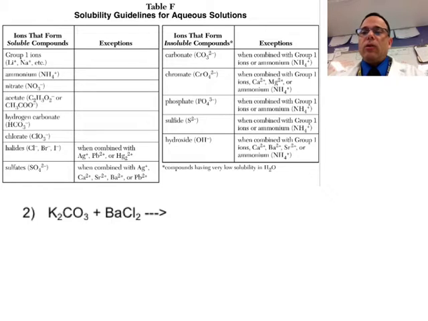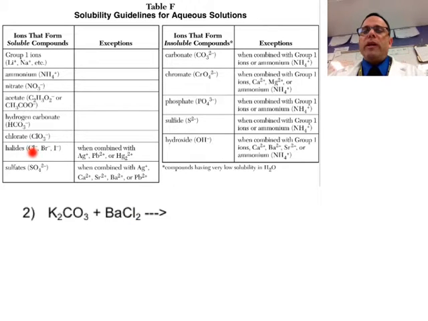All right, let's take a look at this one now. We have potassium carbonate, that's carbonate, so potassium carbonate combining with barium chloride. Barium chloride, where do we have? Barium is, let me take a look at my periodic table, is in group 2. Chlorine, oh, there's chlorine.